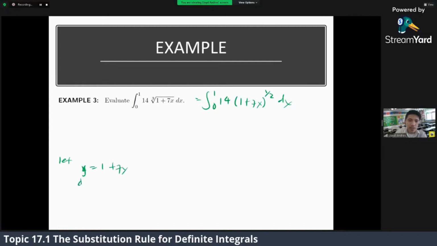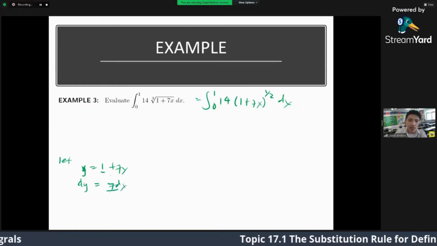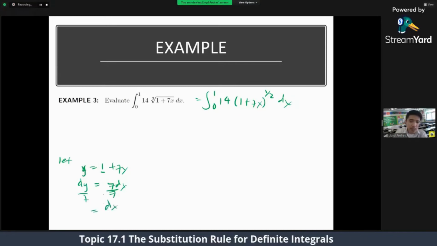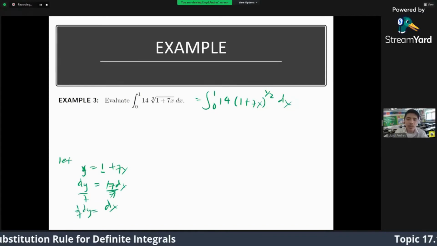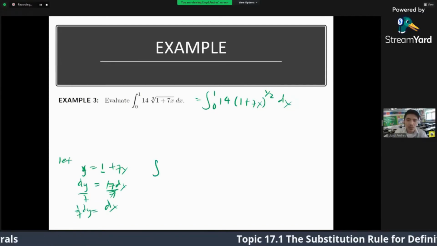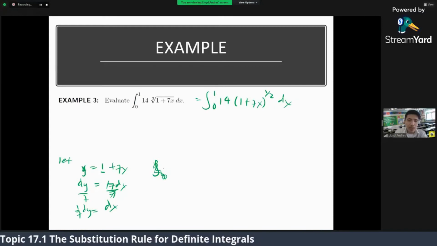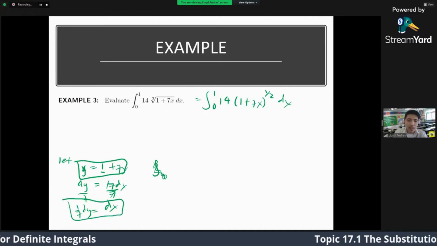Then differentiating both sides, this is dy. The constant's derivative is 0, so 7x gives 7 dx. Dividing both sides by 7, dx is 1 over 7 dy. Before that, let's do the limits.